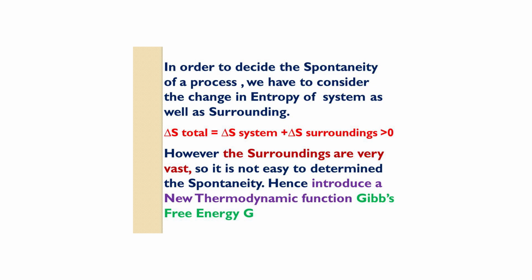However, the surroundings are very vast, so it is not easy to determine the spontaneity. So, we introduce a new thermodynamic function, Gibbs free energy delta G, which can be applied to the system only, but takes into account the change of entropy of the surroundings.